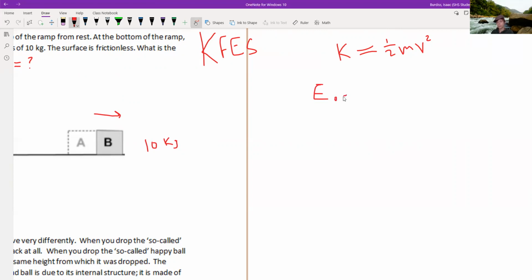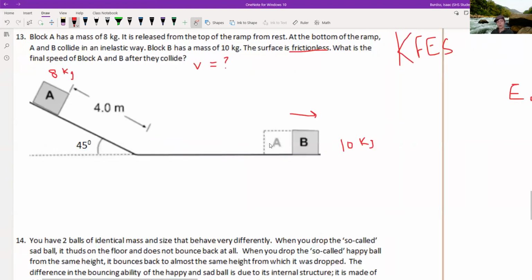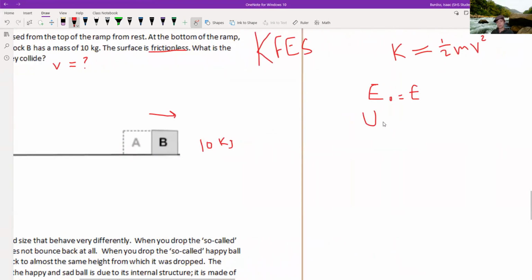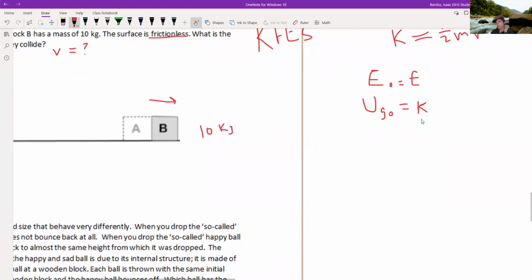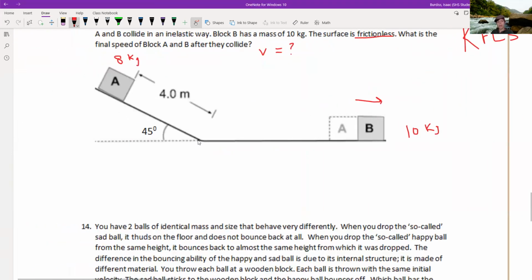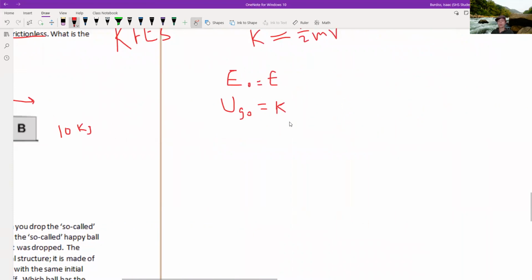I said that, so it is important to underline key information. The initial energy, because it's up on a ramp, will start with UG energy and it will end with kinetic energy. That's just finding the velocity of block A when it gets to here, but that's not what we're trying to find. We're trying to find when they get together, but let's start with that.